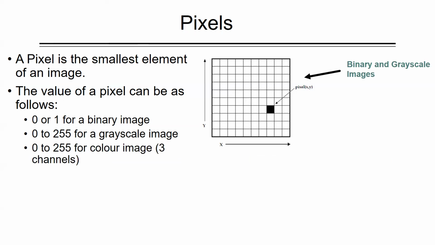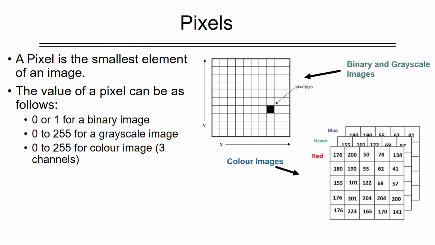Now, you also have a category of color images where it also carries 0 to 255, but you have what we call channels. So you have 3 channels. And usually in color images, for instance, in the RGB color scheme, you have 3 channels, one representing red, one representing green, and one representing blue. So each of these channels have various numbers ranging from 0 to 255.